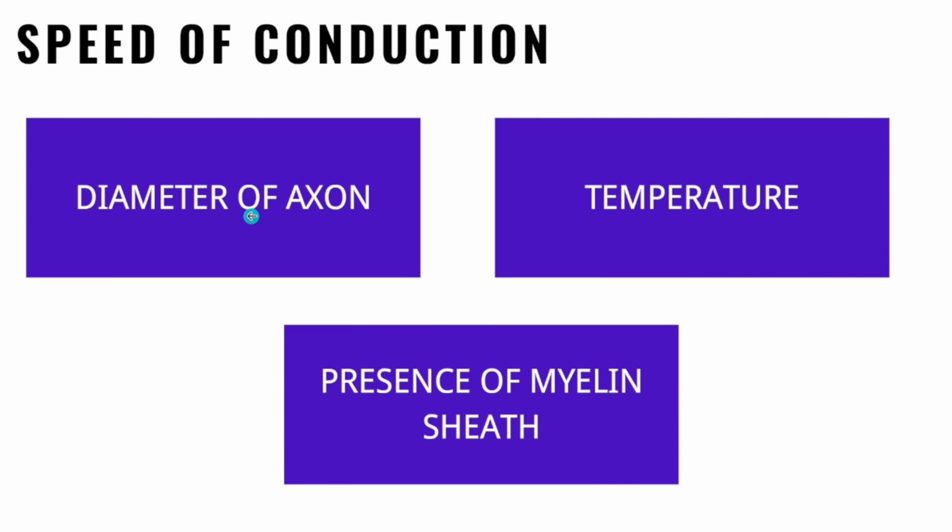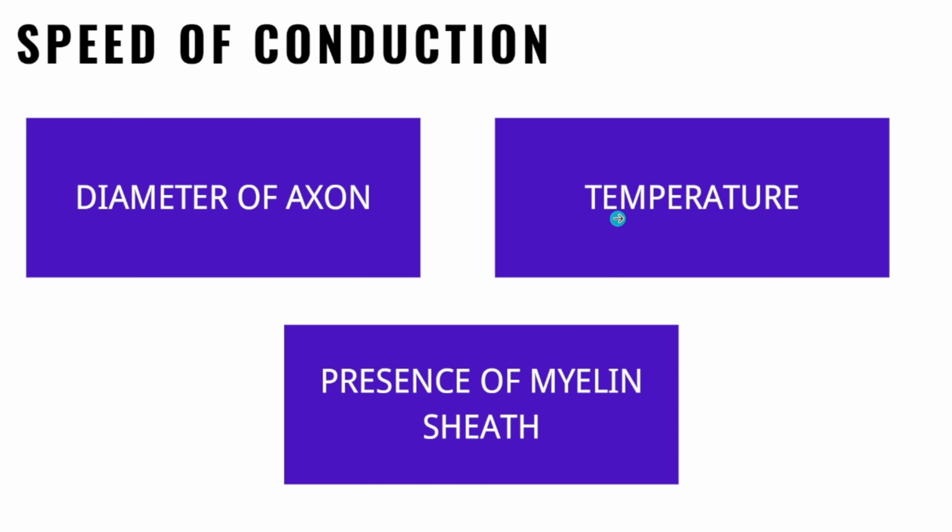Because the smaller the diameter, the greater the resistance of the axoplasm and the lower the speed of the action potential. So your axon diameter must be large. If larger, then the conduction speed is higher. That's all. For temperature, of course, you need higher temperature, but not too high. If the temperature is too high, your cell will die.